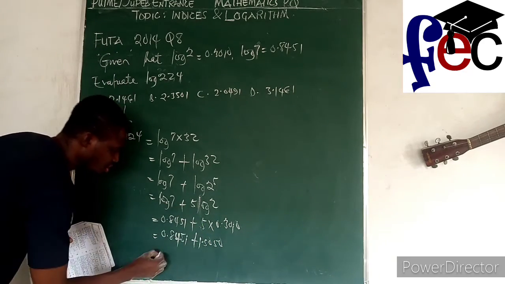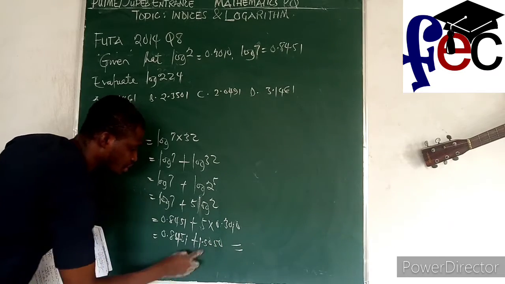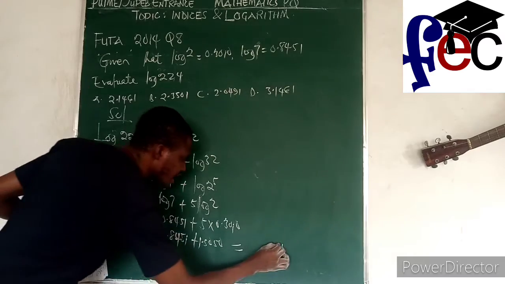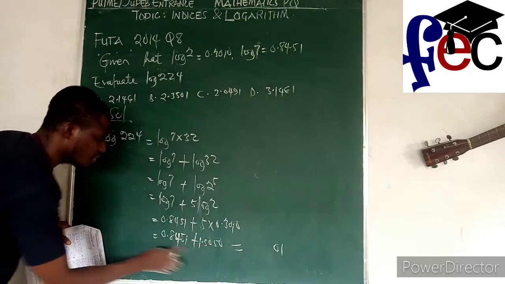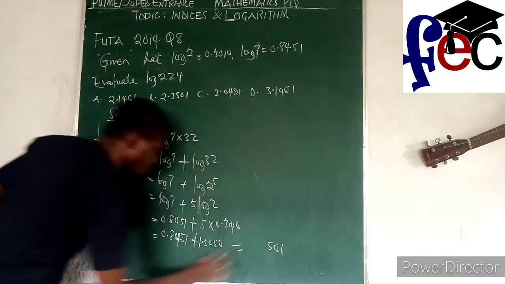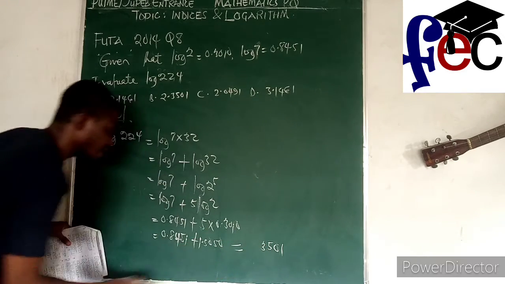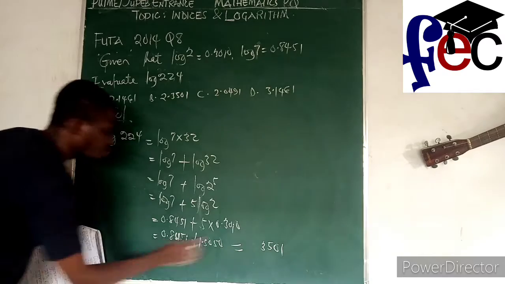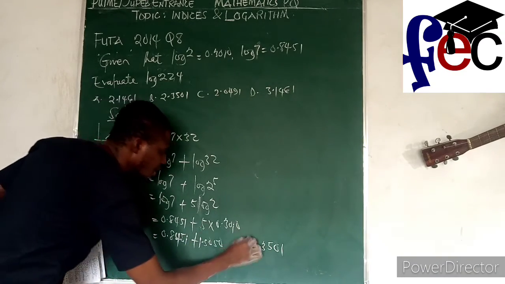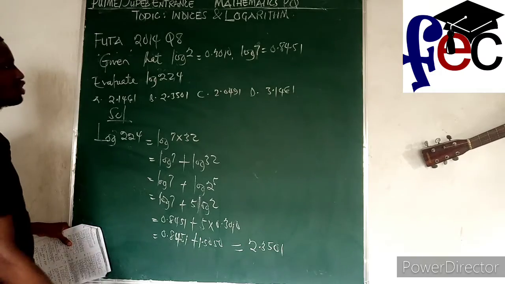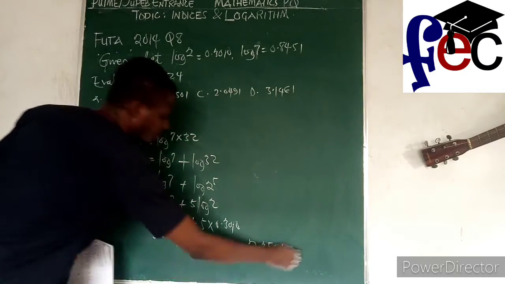So the addition of this will give us what? 0 plus 1 is 1, 5 plus 5 is 10, 0 carry 1, 0 plus 4 plus 1 is 5, then 5 plus 8 is 13, 3 carry 1, 1 plus 0 is 1 plus that 1 is 2. 2.3501. Which option? Option B.